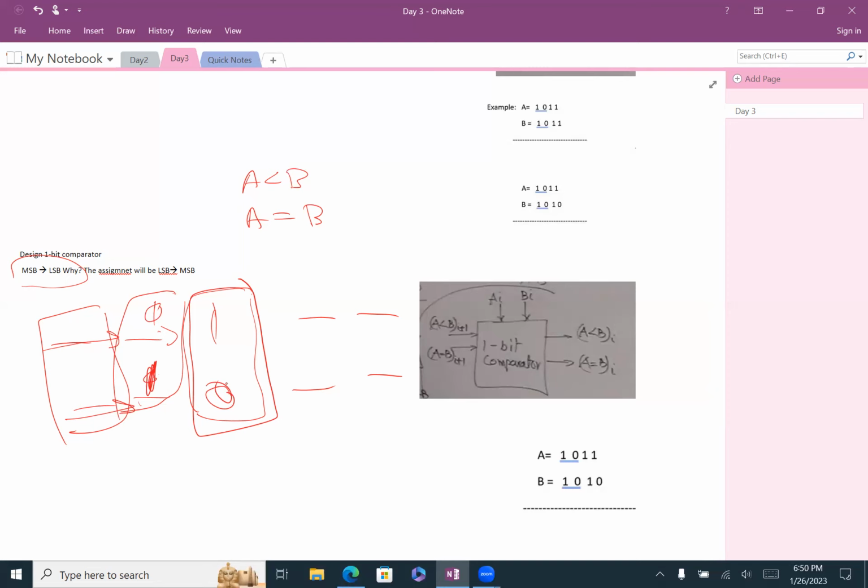If it's A bigger than B, now we know A is going to be bigger for all the stages. When we see the design, it will be more clear for you.